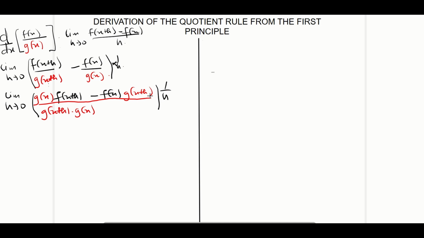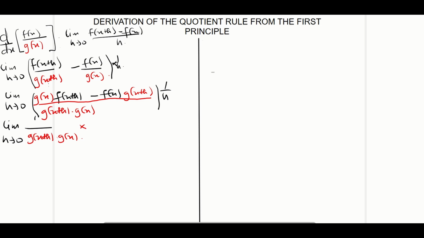But here, we can take the limit of the denominator out, where we can re-simplify this as the limit as h approaches 0 of 1 over the denominator, which is g of x plus h multiplying g of x.